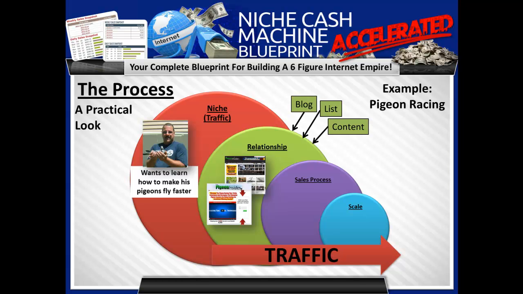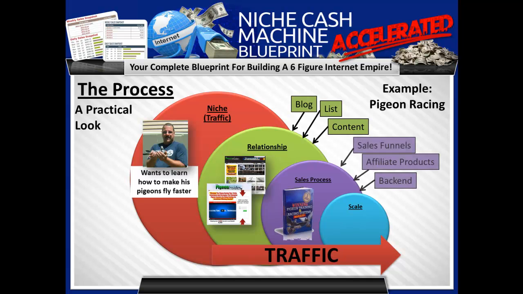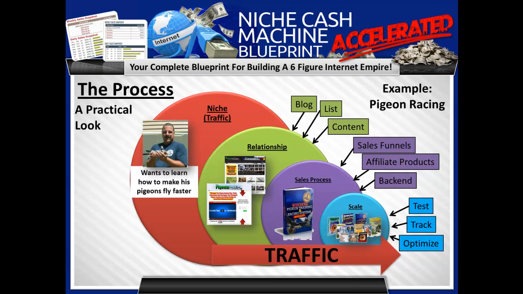Once that is established and accomplished, we are going to start selling them products, and by that we use sales funnels, we sell affiliate products, and we have a back end to really make more conversions. And then we scale. We scale by testing everything, tracking everything, and optimizing everything, as well as adding in additional products, adding in sub niches and other niches.